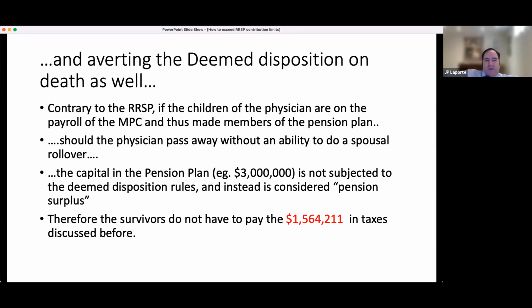And remember this infamous deemed disposition on death that the RRSP customer will be facing. How do we help?